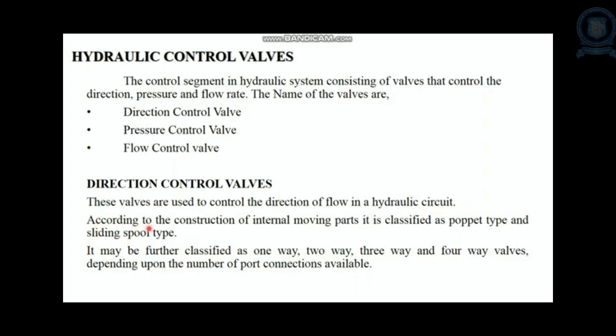According to the construction of internal moving parts, they are classified as poppet and sliding spool type. They may be further classified as one-way, two-way, three-way, four-way valves. Depending upon the application, we have to select the type of ports and the type of positions.